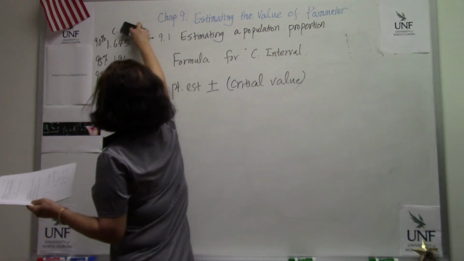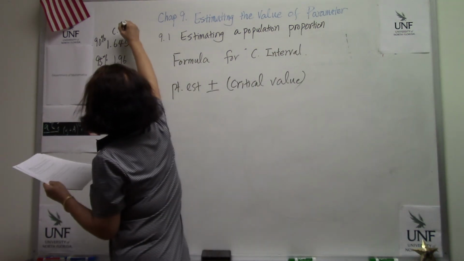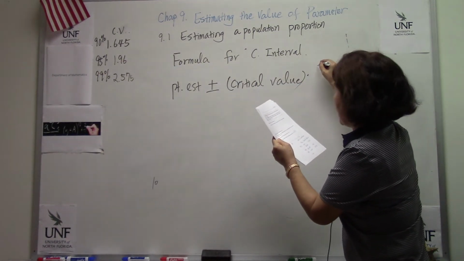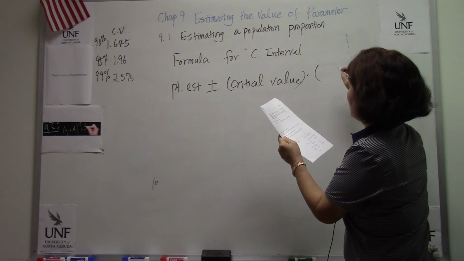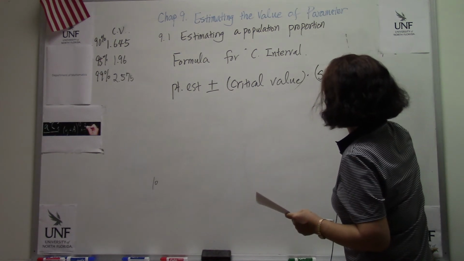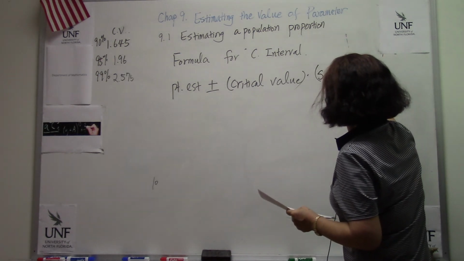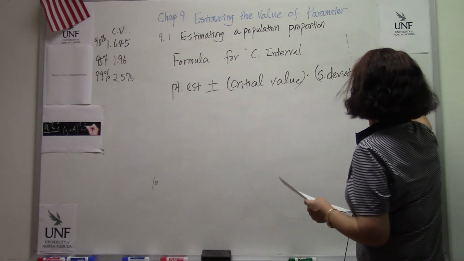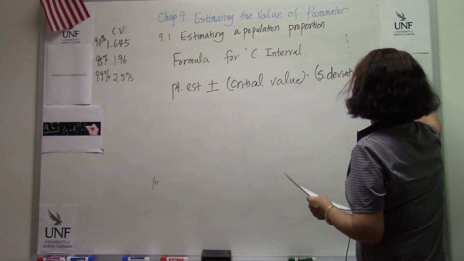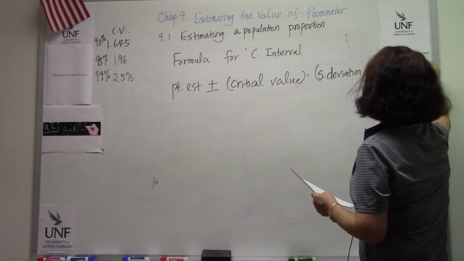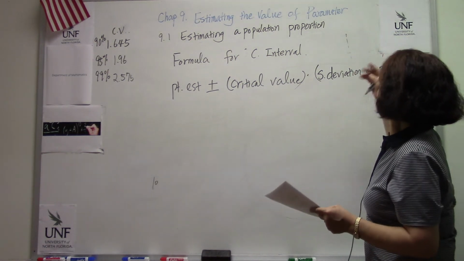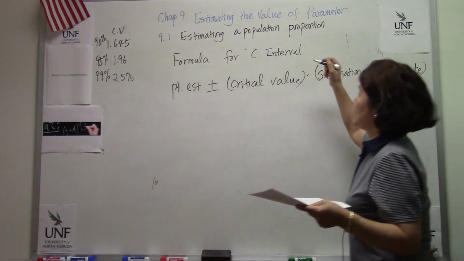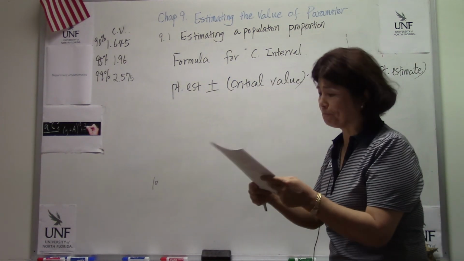Critical number, critical value, times standard deviation of the point estimate. So you can use this formula for proportion or mean or standard deviation. That's why it's a general formula, okay?